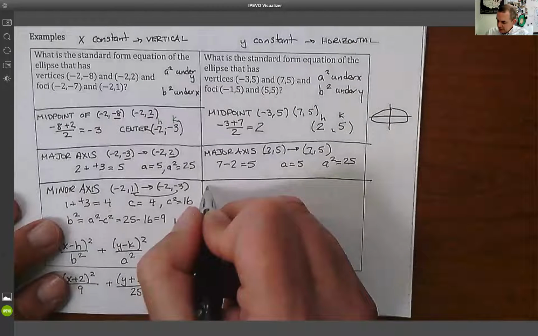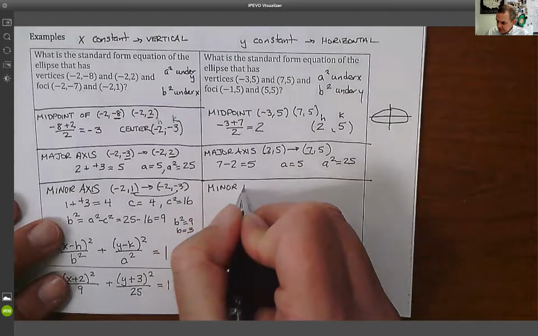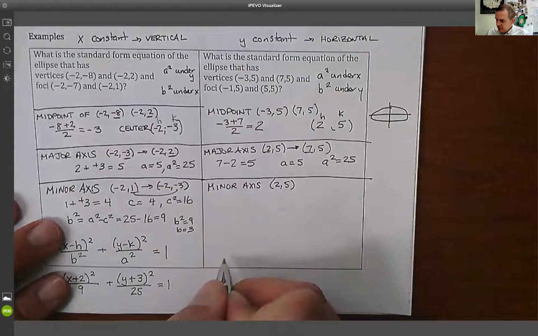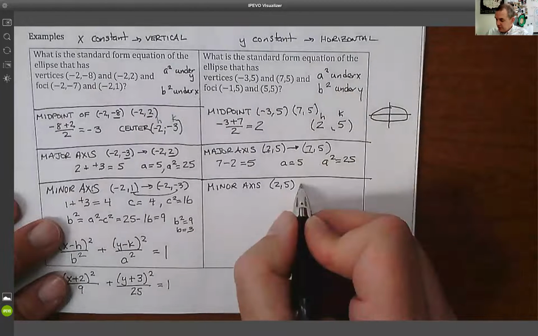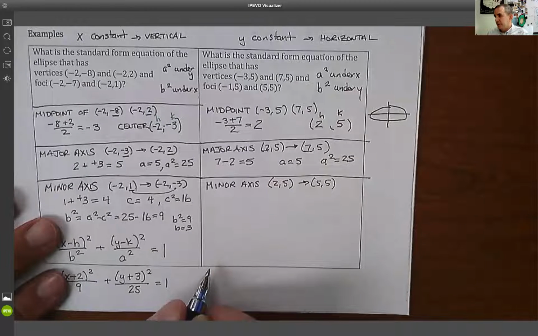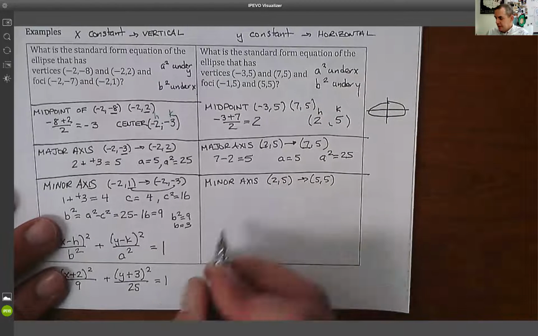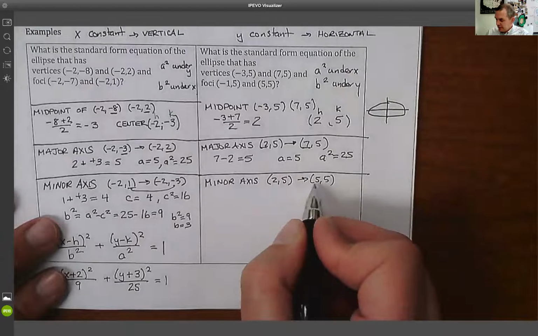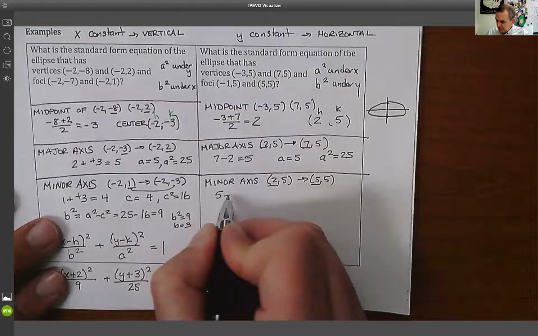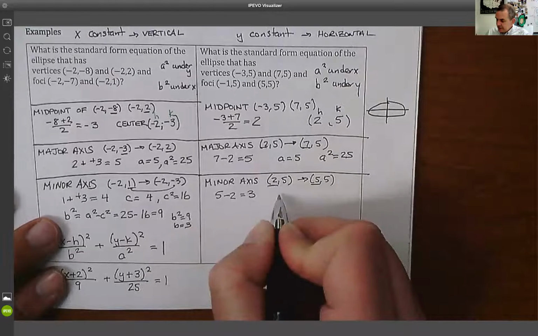For my minor axis, again, I want to figure out how far it is from the center, (2, 5), to one of the vertices. I'm going to go to the positive one because it makes my life easier. So how far is it from (2, 5) to (3, 5)? That's going to tell me we're going to end up with 5 minus 2. 5 minus 2 is 3. That's going to tell me my c.